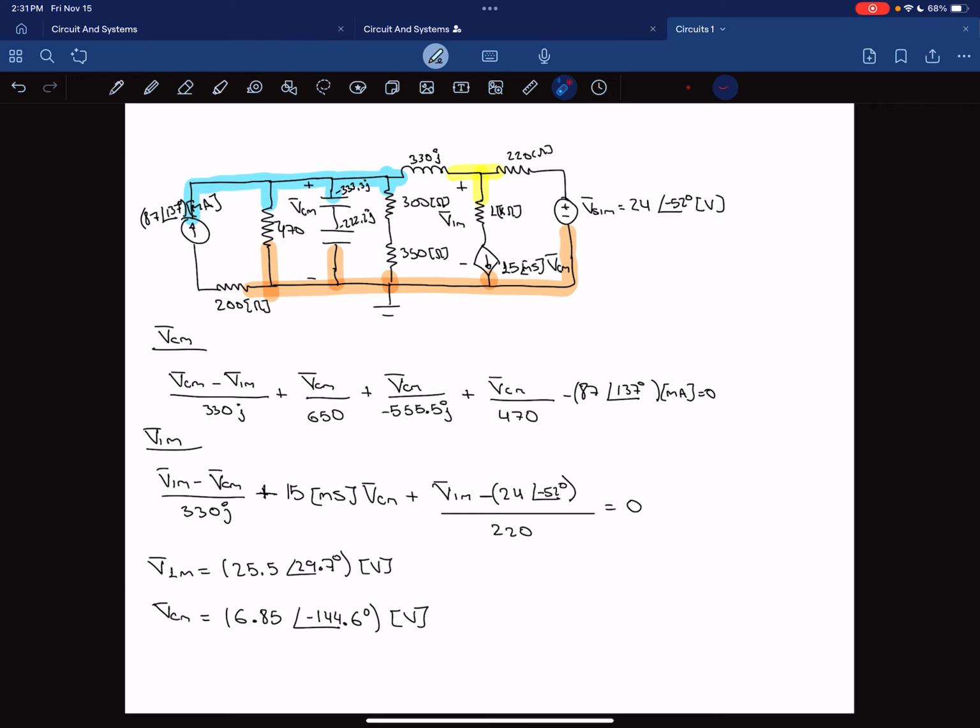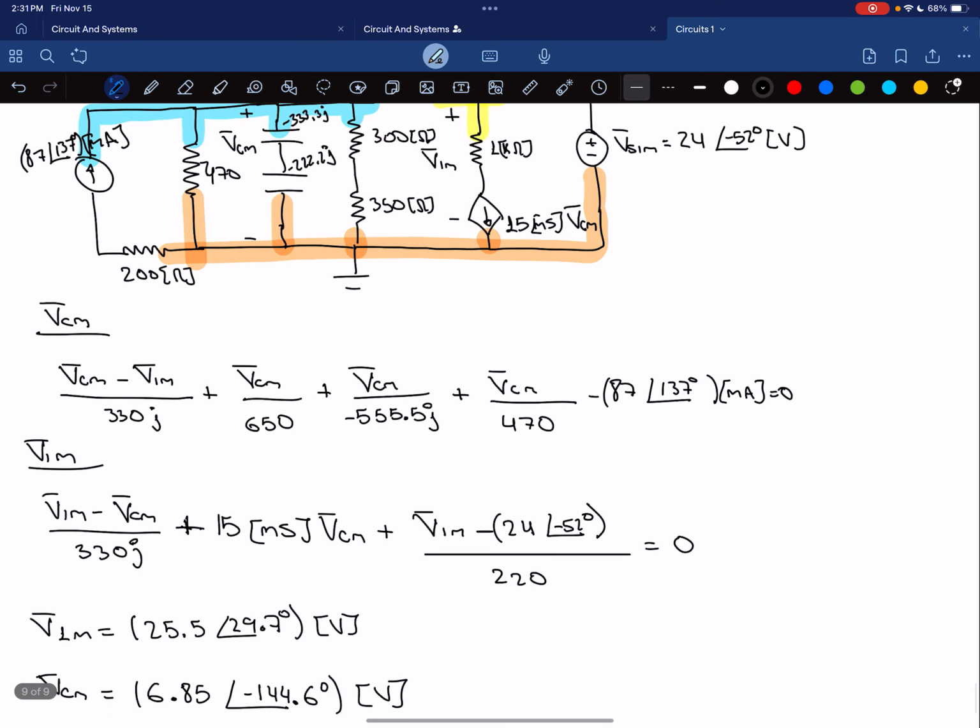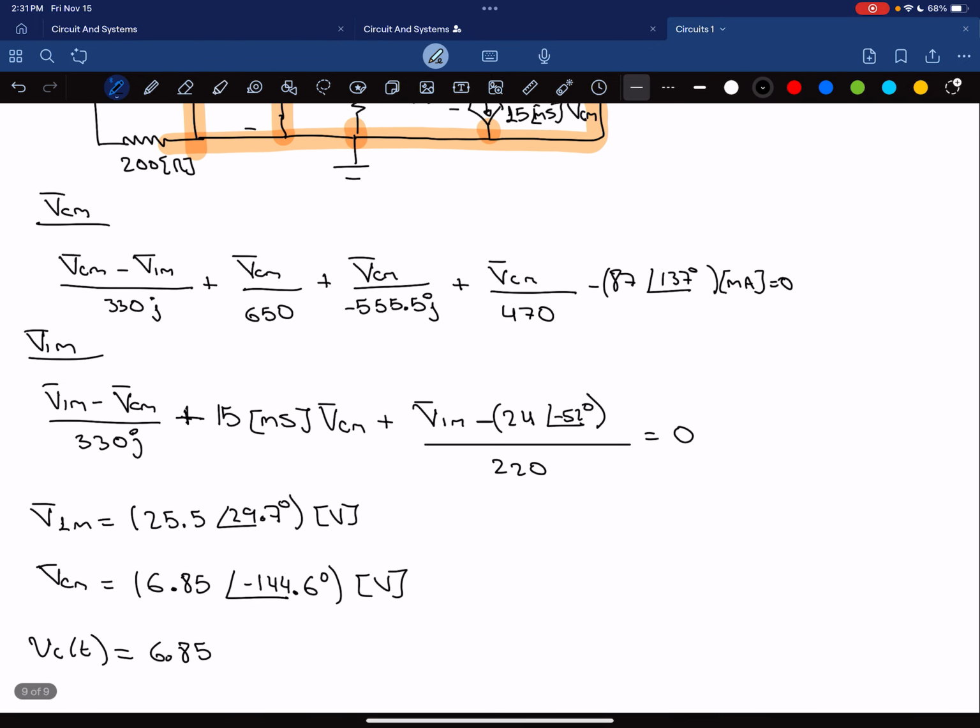So now we just convert back to time domain and we should have the answer, right? So to find the answer, we just have to do Vc of t. The magnitude is what? 6.85. And we know that this is volts.